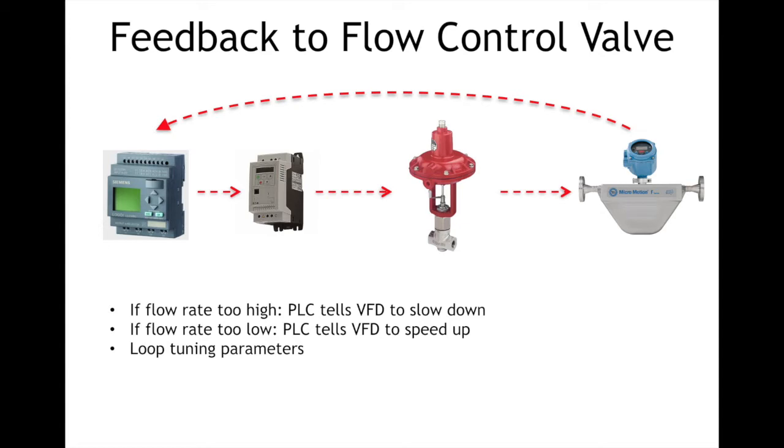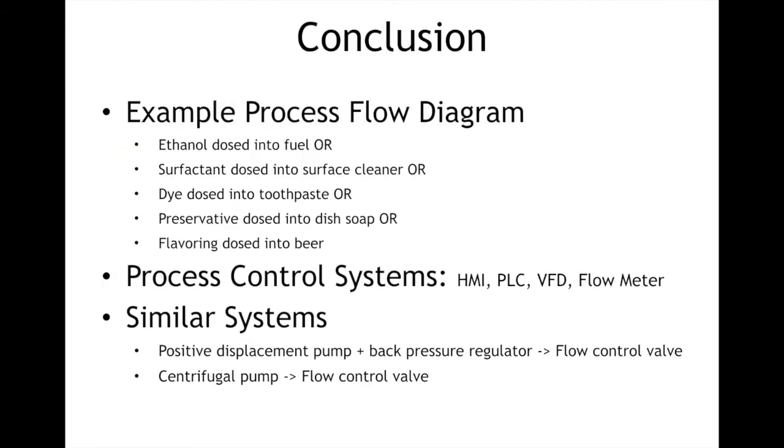So here, instead of having the flow meter telling the PLC, which tells the VFD to control the pump, it is controlling the flow control valve. Basically, if the flow rate is too low, it tells the flow control valve to open up. If the flow is too high, then it tells the flow control valve to close a little bit. And again, we have the same type of loop tuning parameters that we have with the other setup.